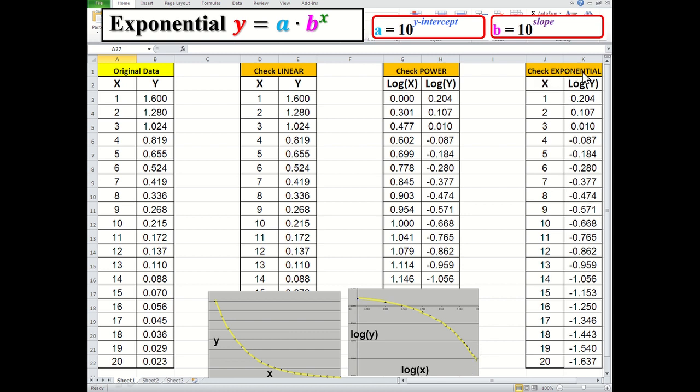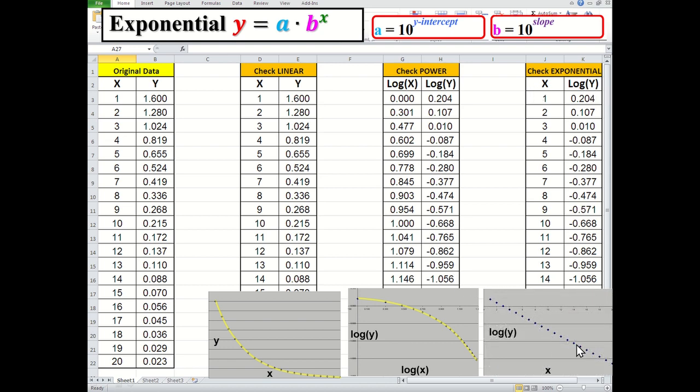But to check to see if it's exponential, I graph just the x values against the log of the y values, and it did tweak it into a straight line. So seeing a straight line when we graph x versus the log of y tells us that it follows this form, and I can find out what a is by that.